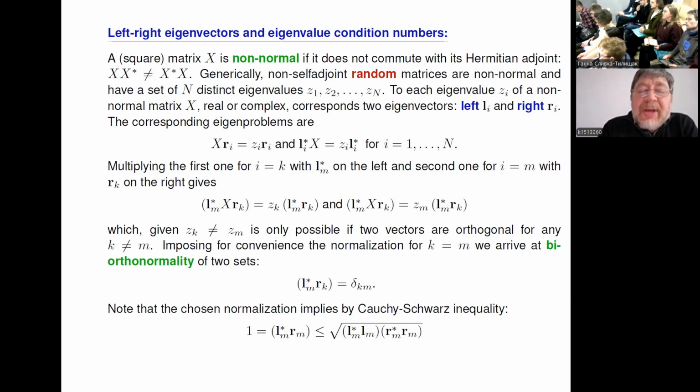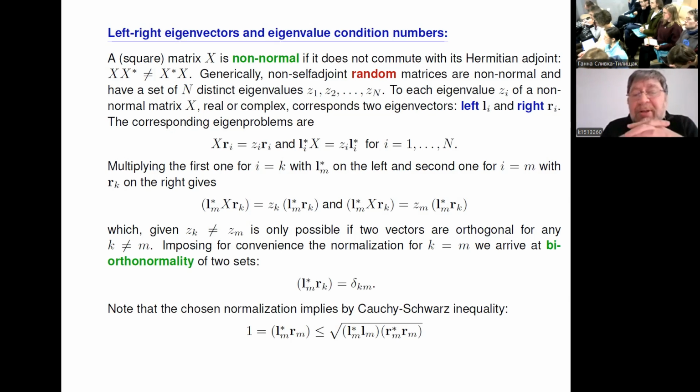Right eigenvectors: when we multiply X from the right with a vector, we get zi ri, and when we multiply it from the left, we get the same eigenvalue but, in general, a different eigenvector L. Or if you like, left eigenvectors are right eigenvectors of the adjoint matrix, corresponding to this eigenvalue.